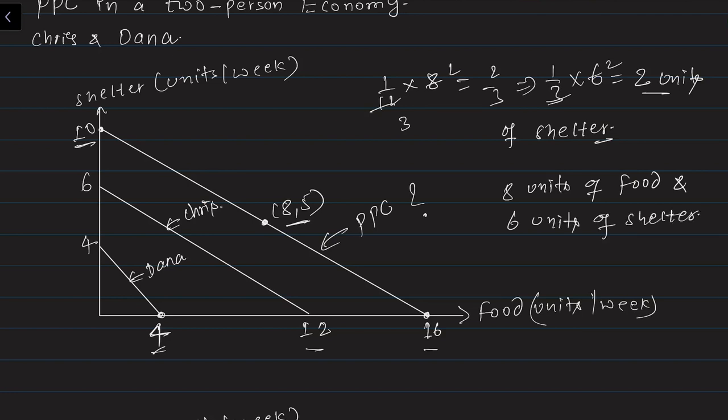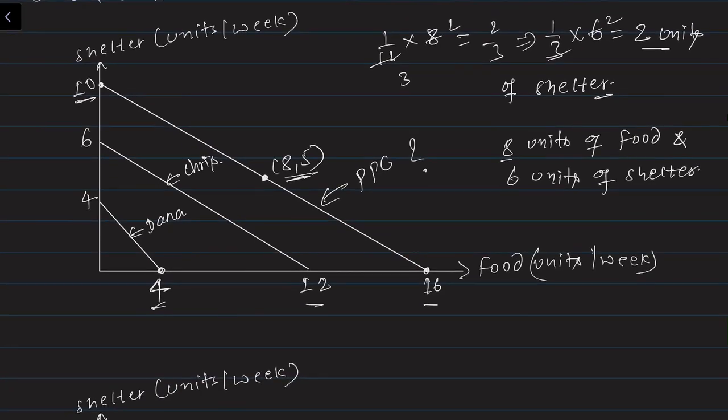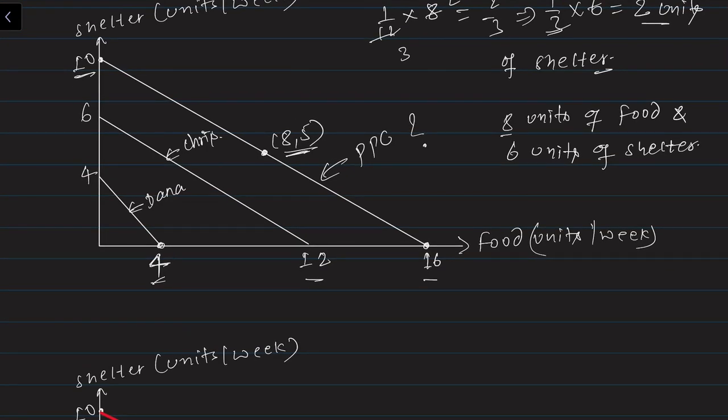All right, but this midpoint is 8,5. So certainly this midpoint does not lie on the PPC of the 2-person economy, because what we are getting is 8,6, right? So 8,6 will be somewhere above this line. So this is wrong. This is not the PPC of the 2-person economy.